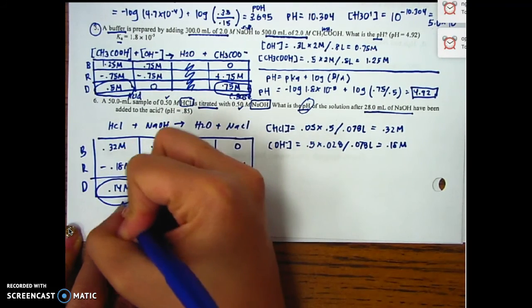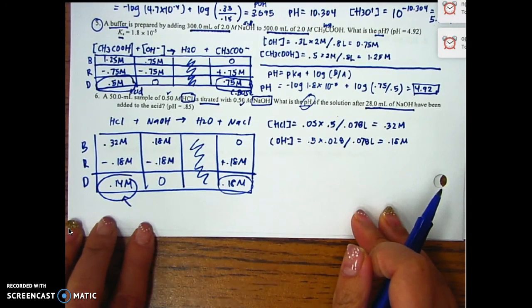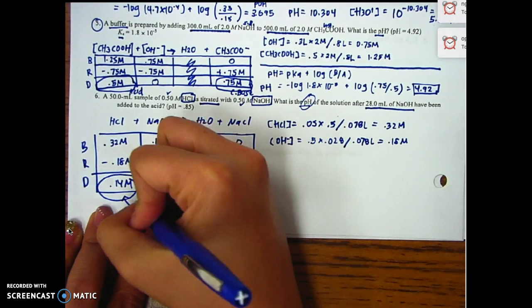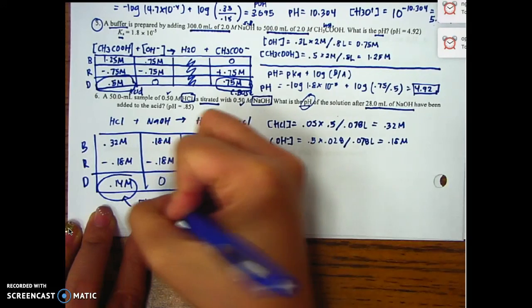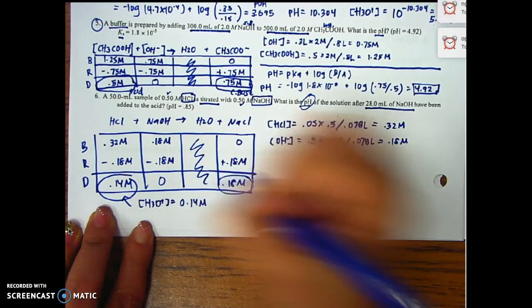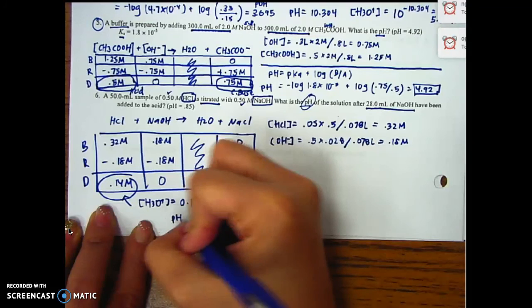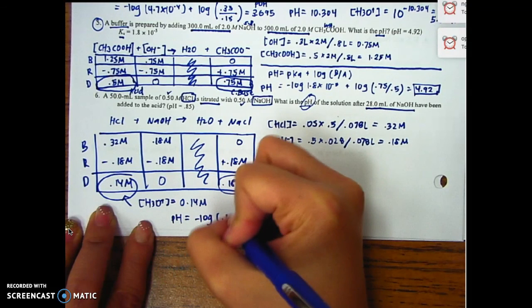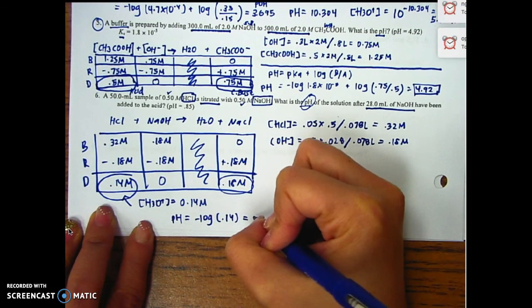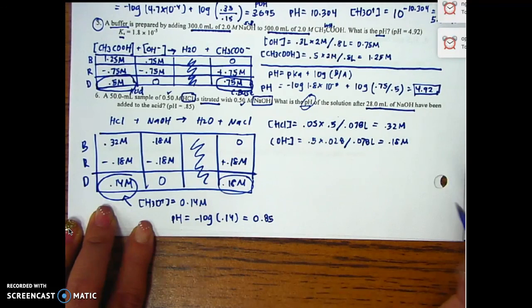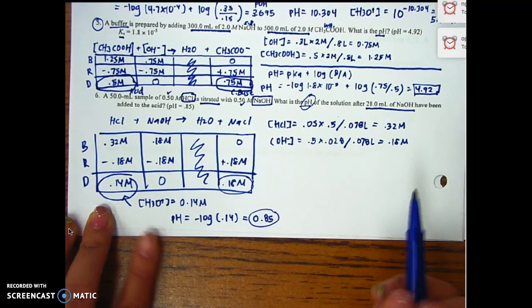But I have 0.14 molarity of my hydrochloric acid, which you know is strong, so basically my hydronium concentration is equal to this number right here. To get my pH, I'm just going to take the negative log of 0.14, and we end up with 0.85 here as my final answer. And we're done.